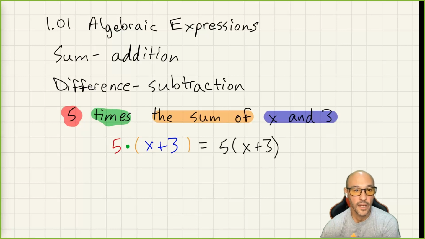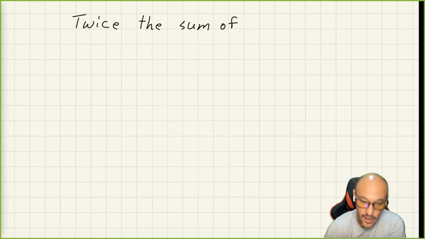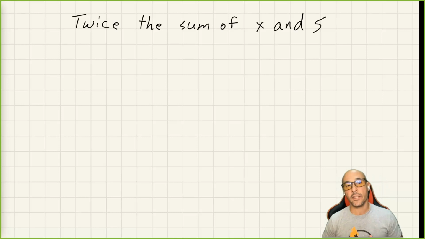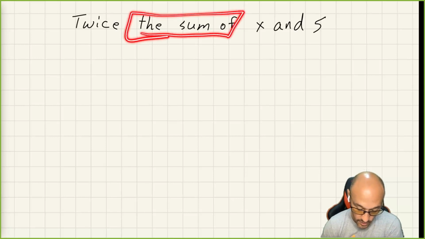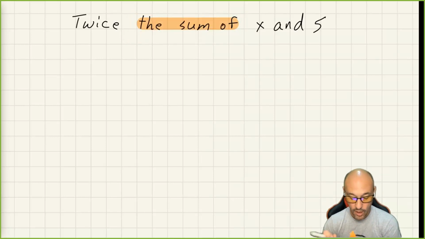In the next one, we're going to look at an expression. It's going to be twice the sum of x and 5. Now, this is very similar, except we have the sum of, which we need to remember means we're going to do this addition before we do other things.